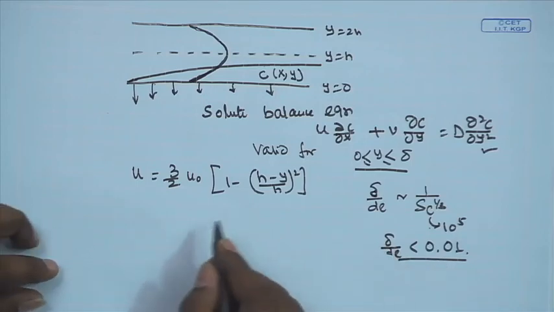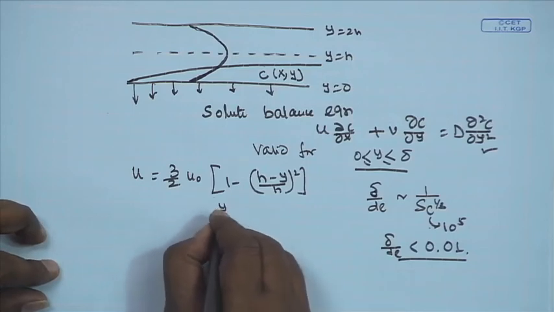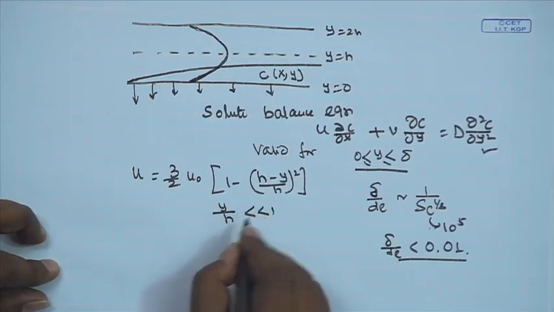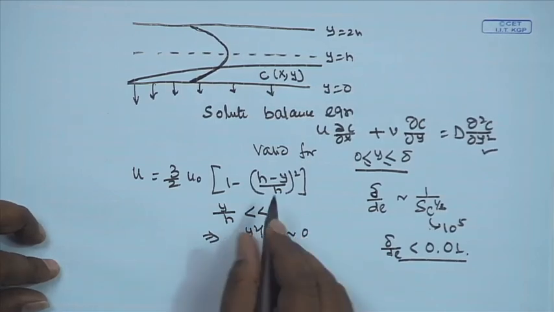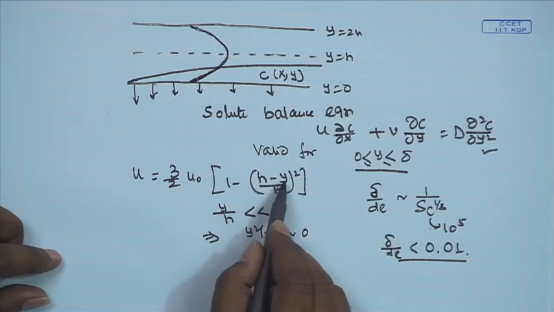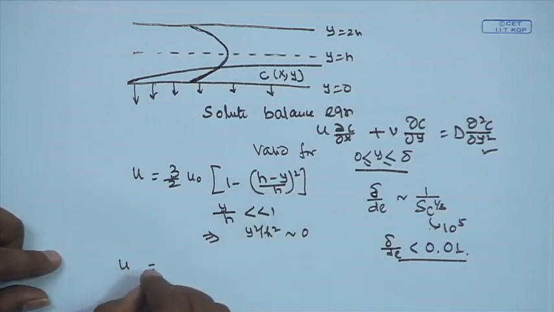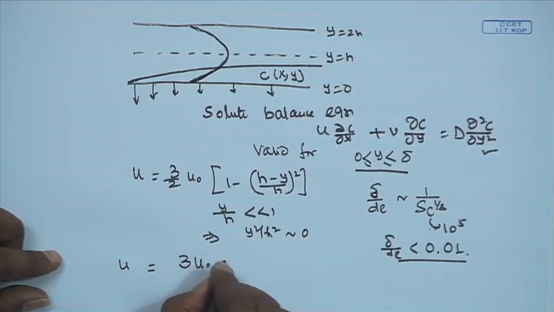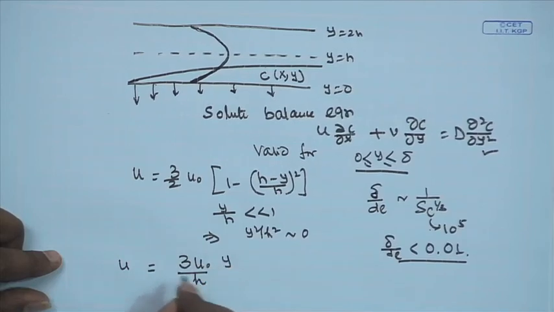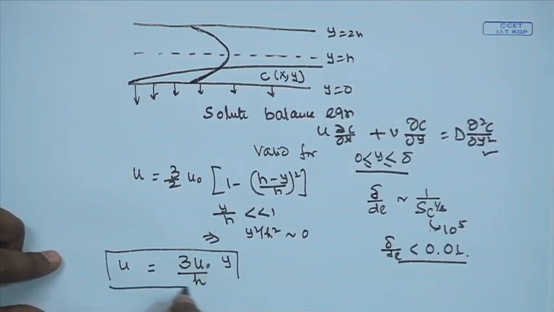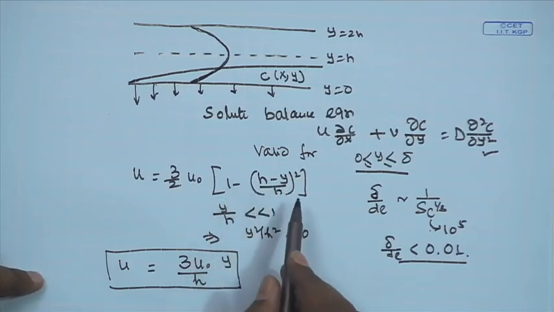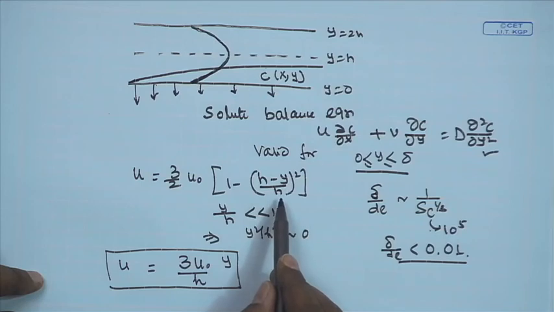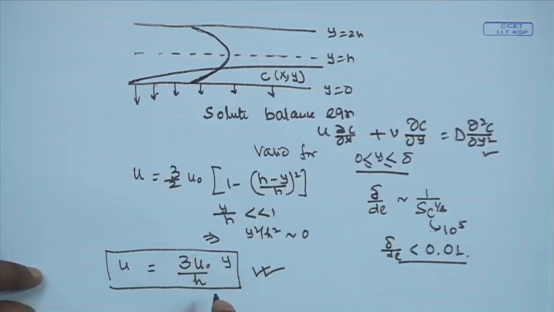So, therefore, y by h is very small, and we can neglect y square by h square and higher order terms. If you expand this quadratic term, the 1 will cancel out, and y square by h square can be neglected, so it boils down to a linear velocity profile.